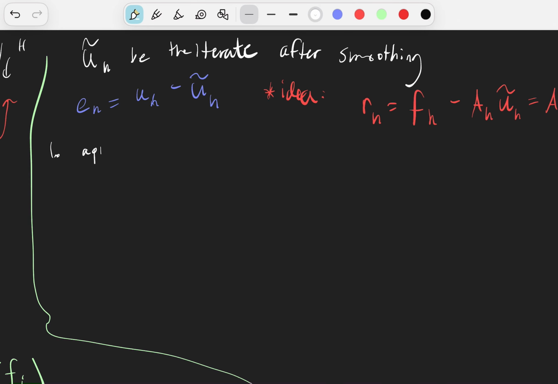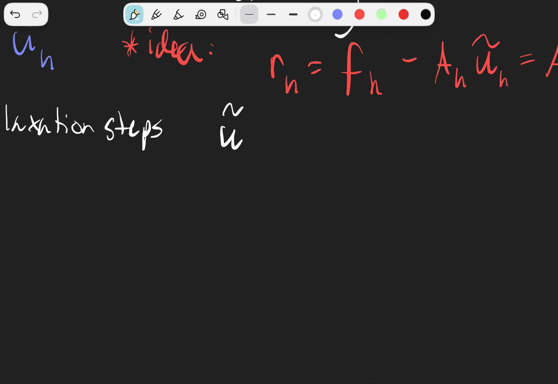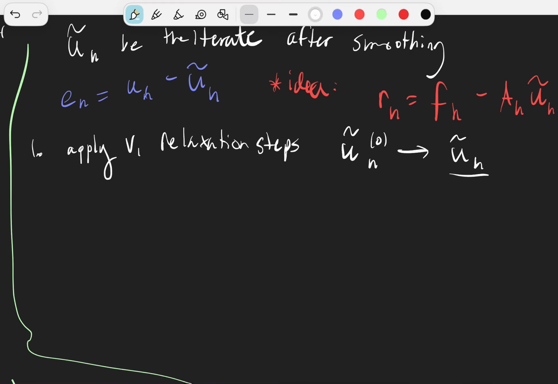So apply V1 relaxation steps, and this would be applied to U tilde from 0 to get the smoothed U after some series of smoothing in the fine grid, smoothing out those high frequency errors.